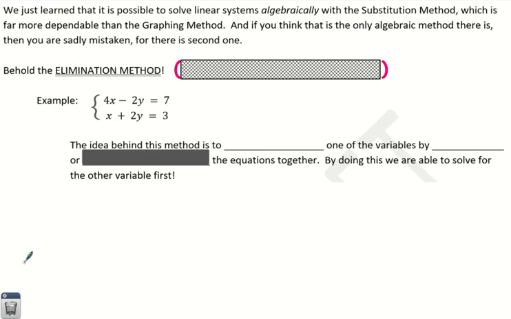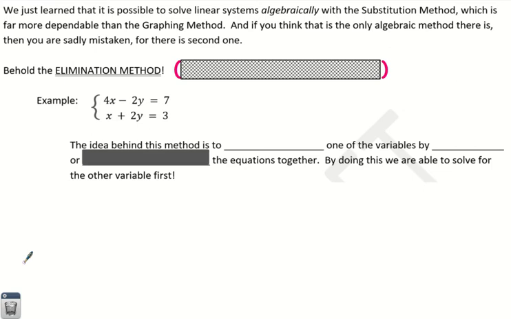The graphing method is perfectly good, but sometimes it can be a little bit lacking in accuracy and reliability. So we had the substitution method. Well, guess what? We just learned that it is possible to solve linear systems algebraically with the substitution method, which is far more dependable, I just said that, than the graphing method.